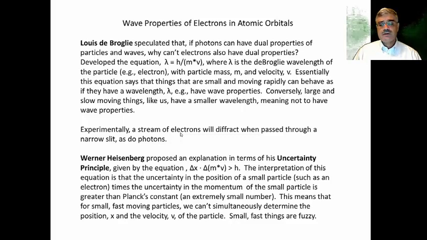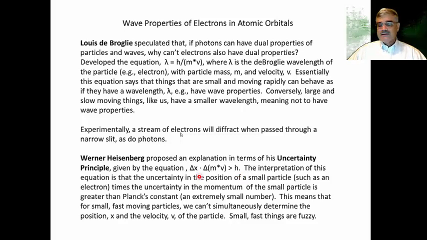in terms of what he called the uncertainty principle, which is given by this other equation on the page: delta x, which is the uncertainty in determining the position x along some Cartesian coordinate, let's say, times the uncertainty in determining the momentum, mass times velocity, of a fast-moving particle like an electron, is greater than this small number called Planck's constant.